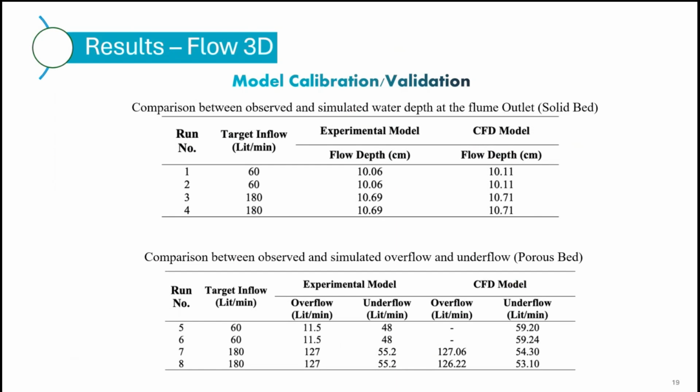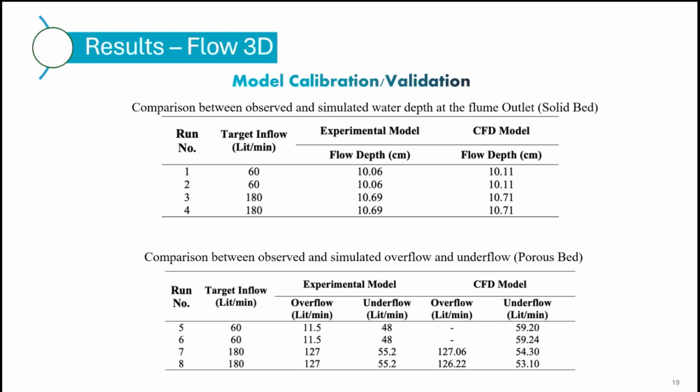So we looked at Flow-3D, but before running it, we needed to validate or calibrate the model and validate the result. We looked at two different cases. For a solid bed, we tried to match our observation of the flow depth with the flow depth in the model to make sure that the results are validated.